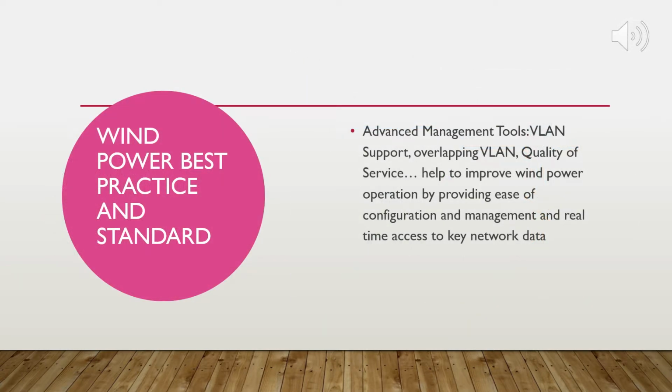Advanced management tools such as VLAN support, overlapping VLAN, and quality of service help to improve wind power operation by providing ease of configuration and management and real-time access to key network data.